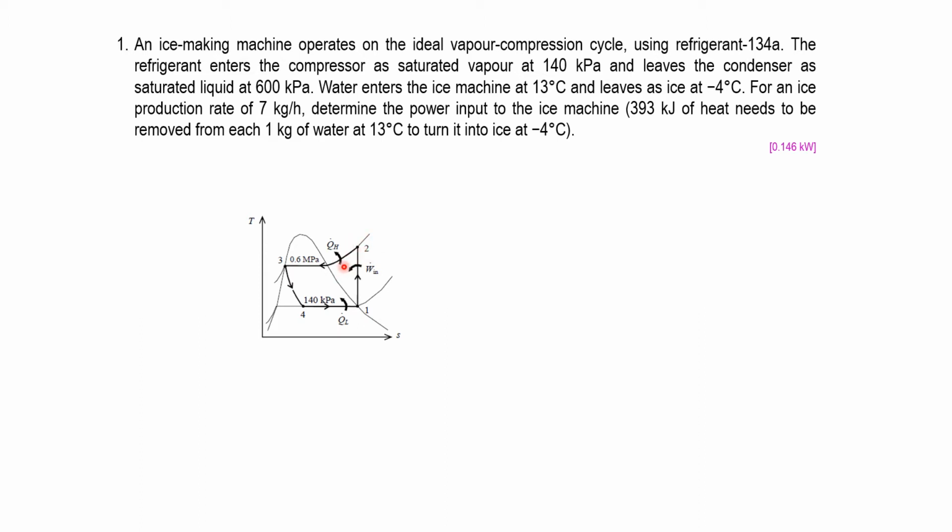The amount of heat rejected will be calculated based on enthalpy values of point 2 and point 3, and then the amount of heat removed from the refrigerated space will be based on enthalpies at point 4 and point 1, right? So what we need to do now is find the enthalpies h1, h2, h3, h4, and I hope you still remember the formulas for QL, Win, and also Q dot H.